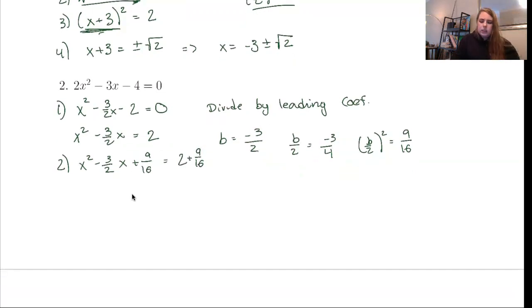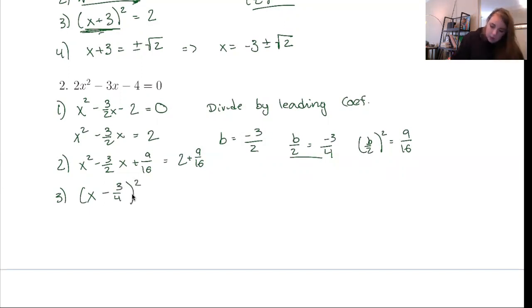Okay, great. Ugh, that looks really hard to factor. I don't care. I already know what it's going to factor to, because I chose 9 divided by 16 so that it would factor into x plus something squared. That something is b over 2, and b over 2 is negative 3/4.